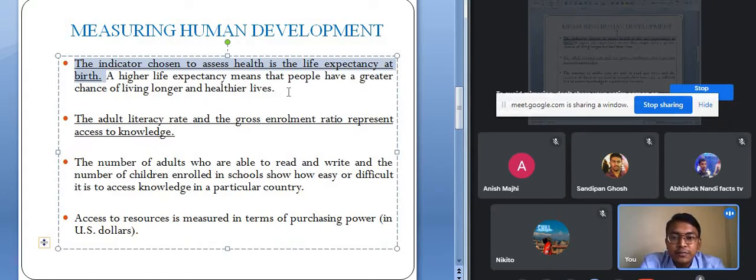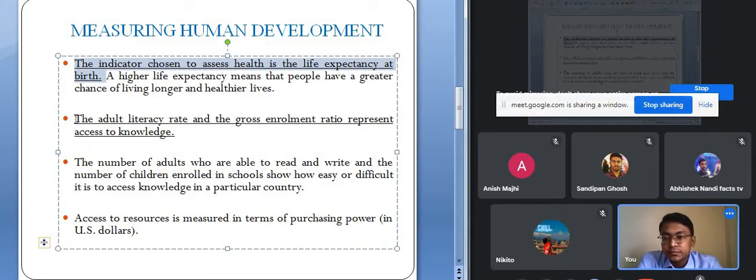A higher life expectancy means that people have a greater chance of living longer and a healthier life. So the countries which have more life expectancy, having better health facilities, will get more score in health.